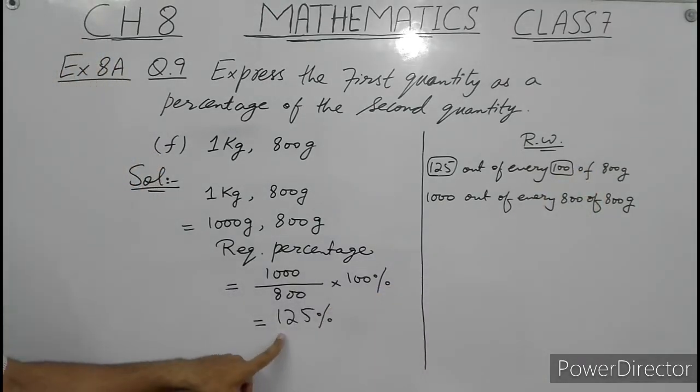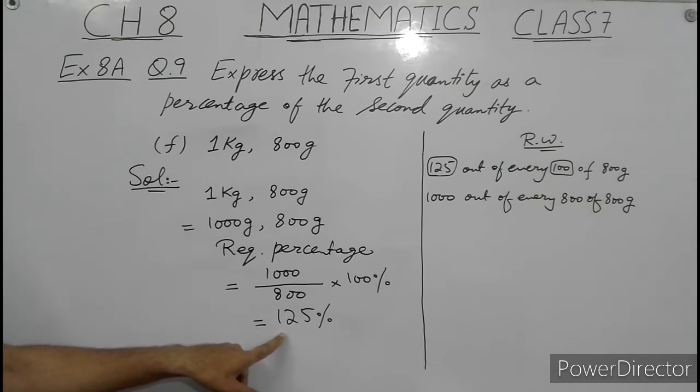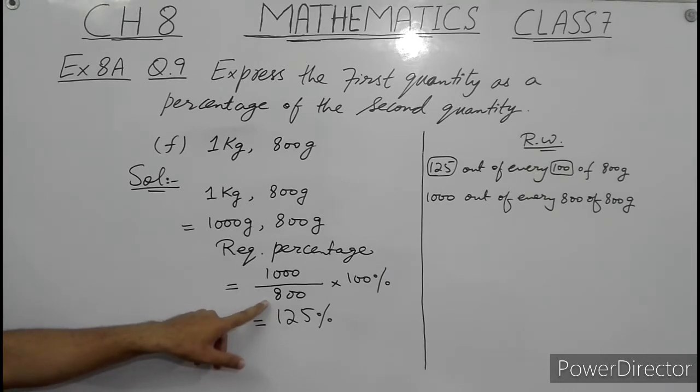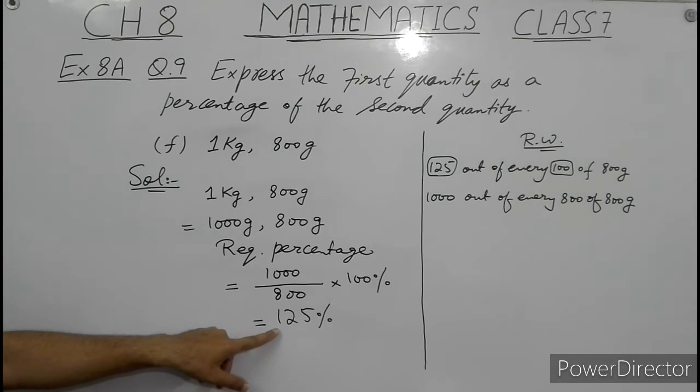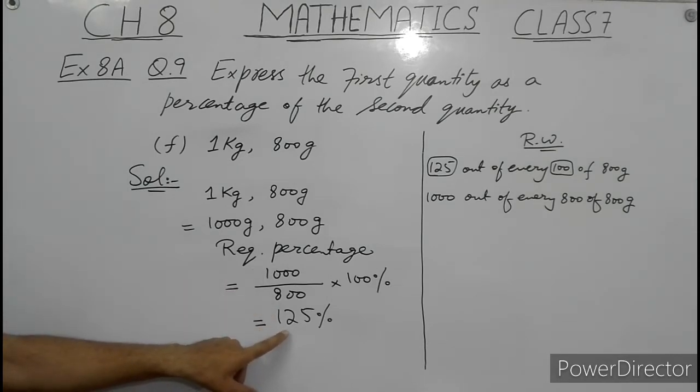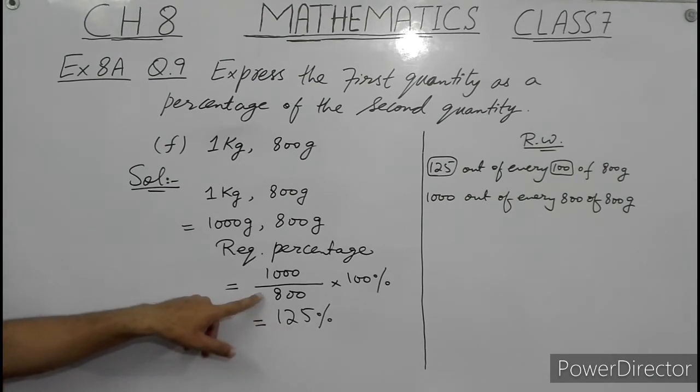Percentage just shows out of every 100. 125% means 125 out of every 100 of the denominator will be the numerator.